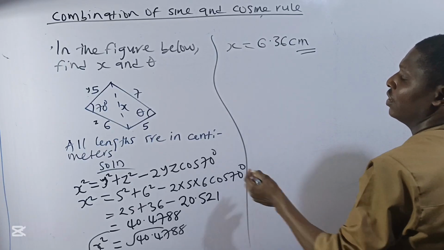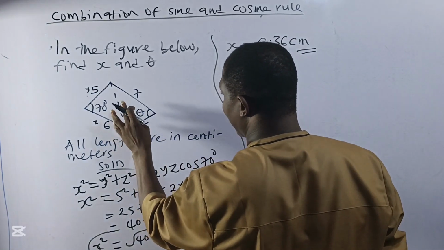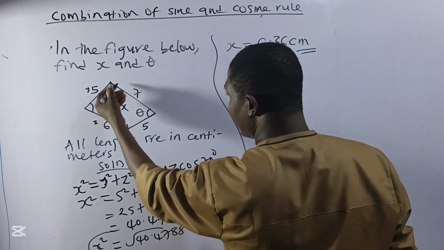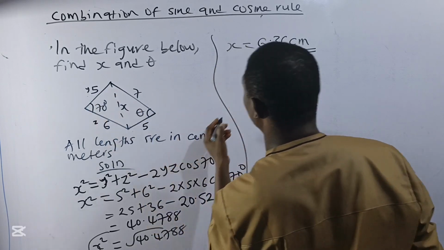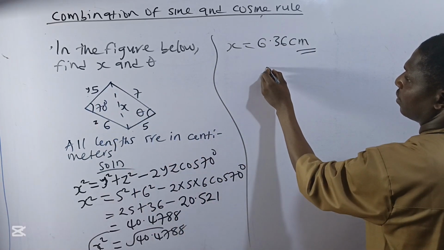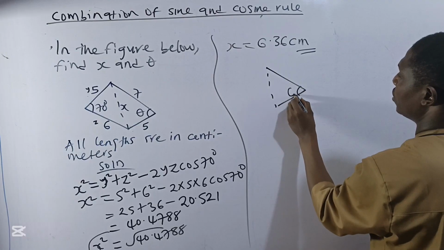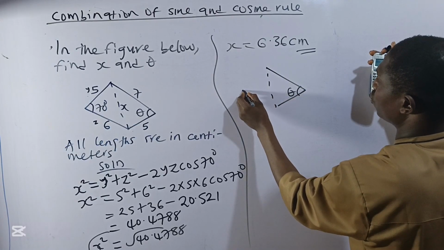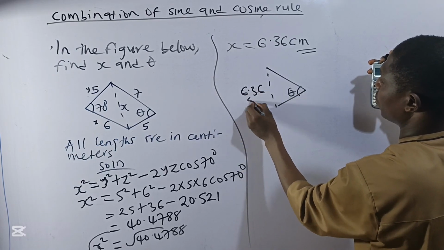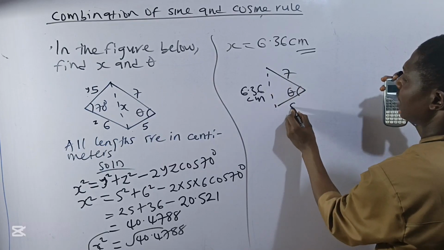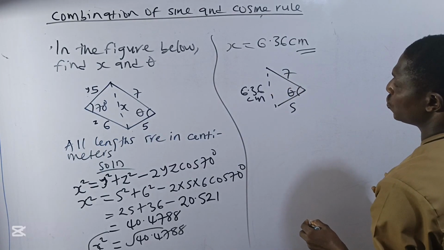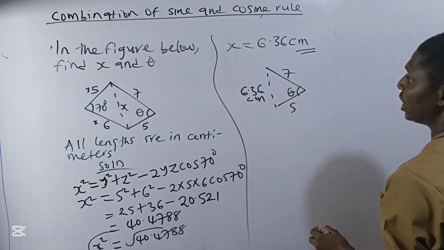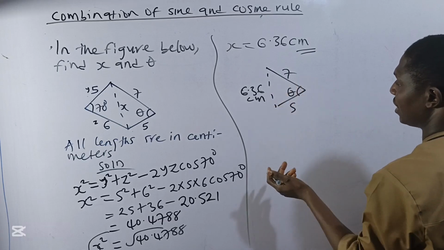6.36 centimeters. So if I've gotten this, I can also take this as one part of the triangle. This is the part of the triangle which is theta, and I've gotten my x to be 6.36 centimeters. This is 7 and this is 5. I can use my cosine rule again to get my angle, since the three sides I know.